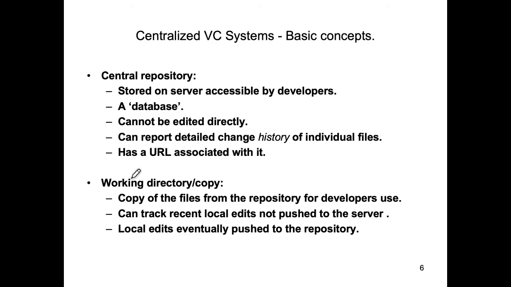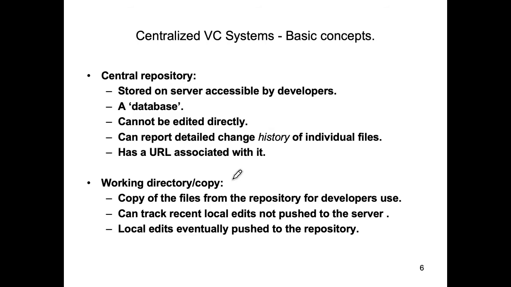And I've already introduced this term now, the working directory or working copy. That's what you as an individual make edits to. You never make edits to the file as it resides on the central server.